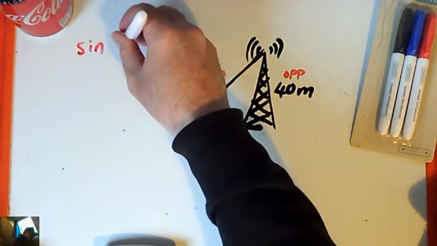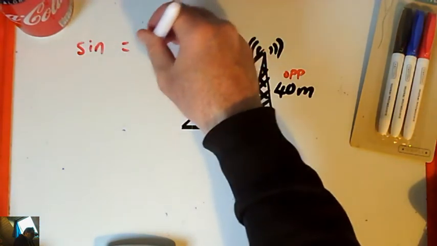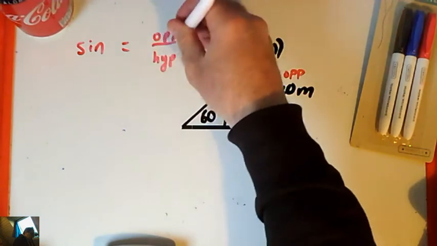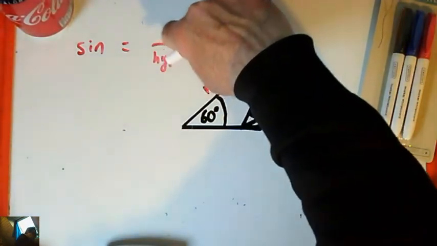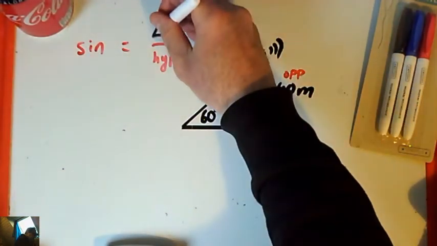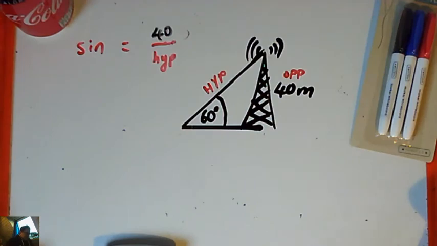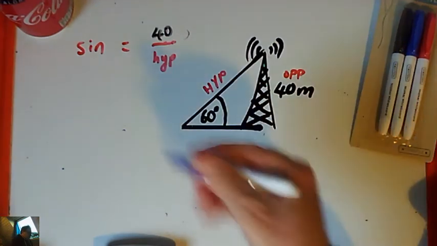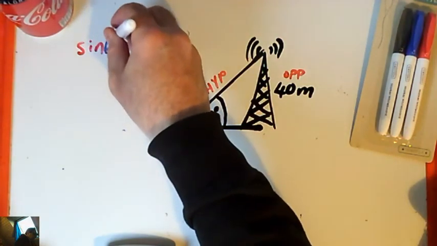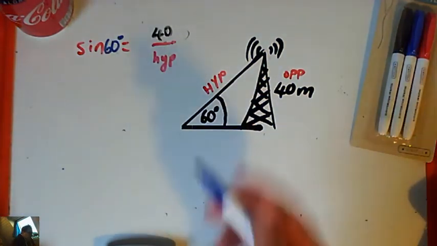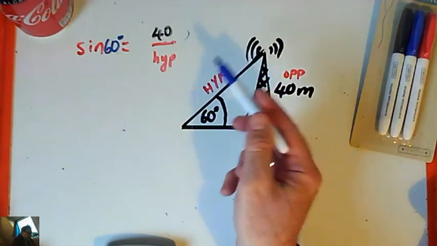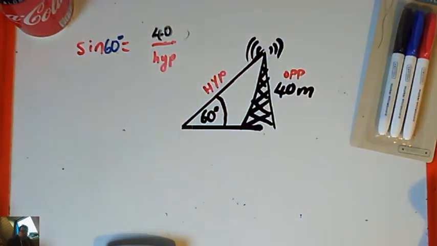Sine equals opposite over hypotenuse, generally speaking. And then in this particular case, the opposite is the 40 meters, and the angle is 60 degrees. So we're talking about the sine of 60 degrees. Sine 60 degrees equals 40 divided by the hypotenuse, which is the thing that we've got to figure out.